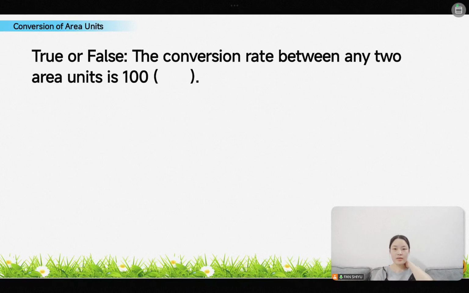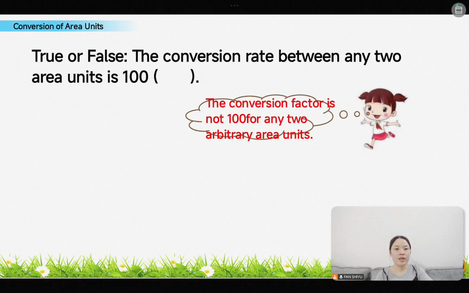True or false? The conversion rate between any 2 area units is 100.